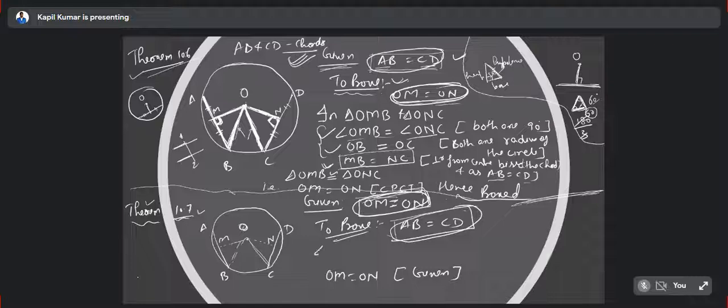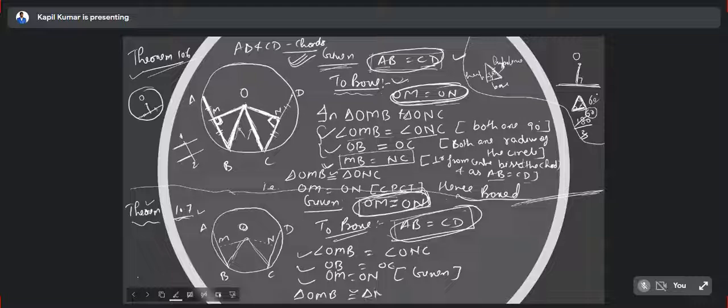Angle OMB is equal to angle ONC, and OB is equal to OC. So you got three things in these two triangles, OMB and ONC, and now we can say that triangle OMB is congruent to triangle ONC.